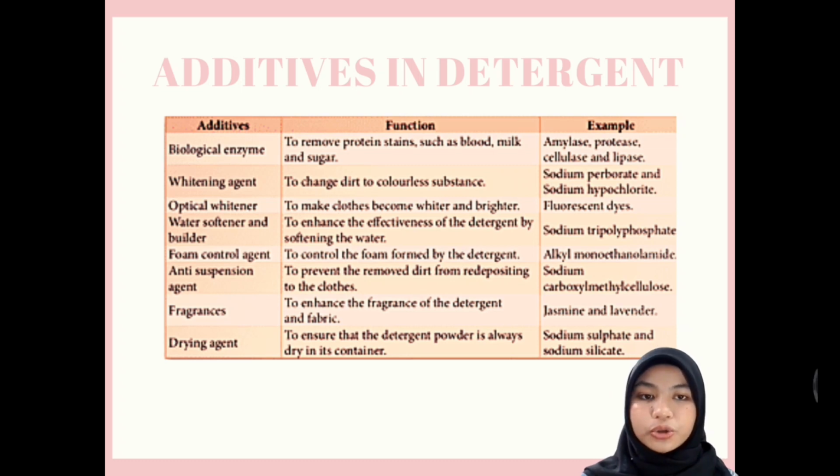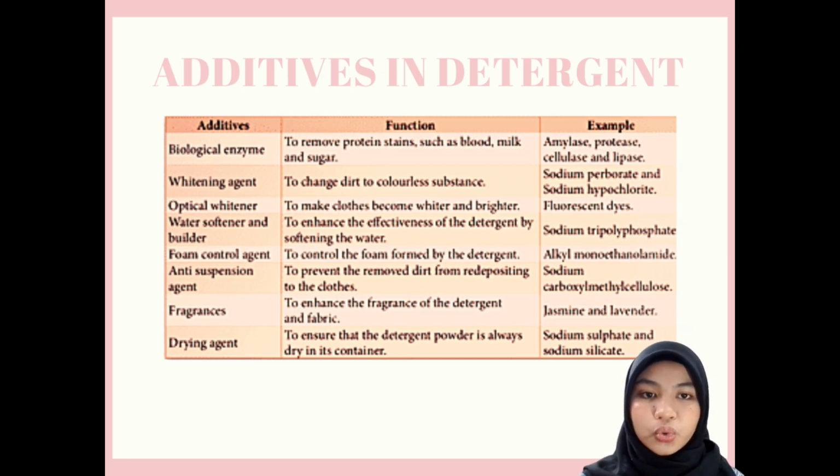Its function is to change dirt to colorless substance. For example, sodium perborate and sodium hypochlorite. Number 3, optical whitener. Its function is to make clothes become whiter and brighter. For example, fluorescent dyes. Number 4, water softener and builder.